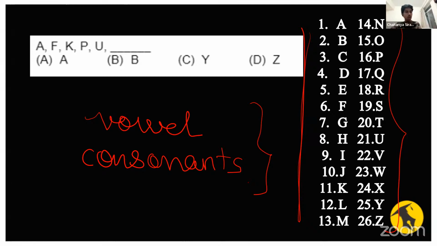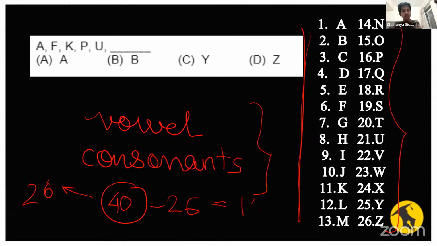Also, one thing you should always keep in mind is that the alphabet has only 26 letters. If you get any number more than 26, let's say I get the number 40, then to convert 40 into an alphabet, I will have to find the corresponding alphabet. How can we find it? You just subtract 26 and I get 14.